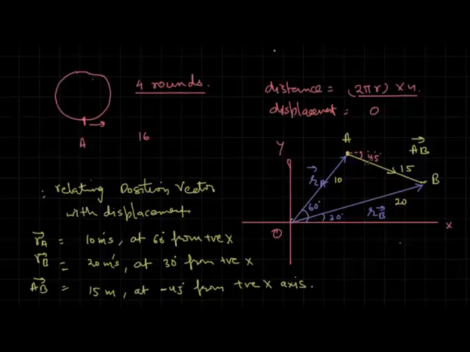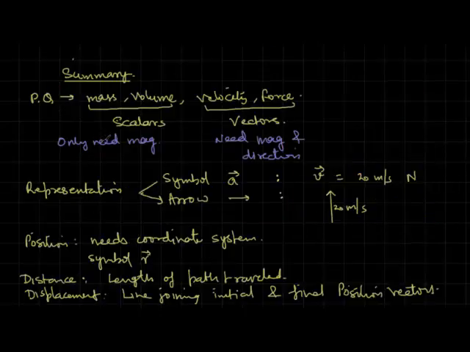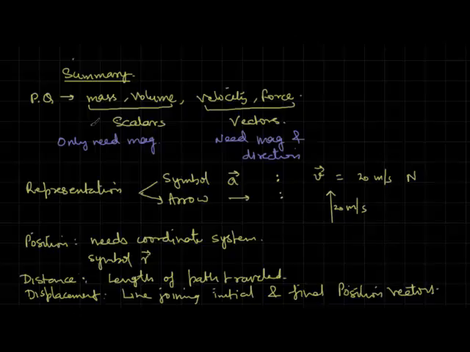So let's summarize what we have. There are physical quantities like mass and volume, which only need magnitude to define themselves. So these physical quantities are called scalars. And there are some other physical quantities like velocity and force, which need magnitude as well as direction to be defined. So they are called vectors.